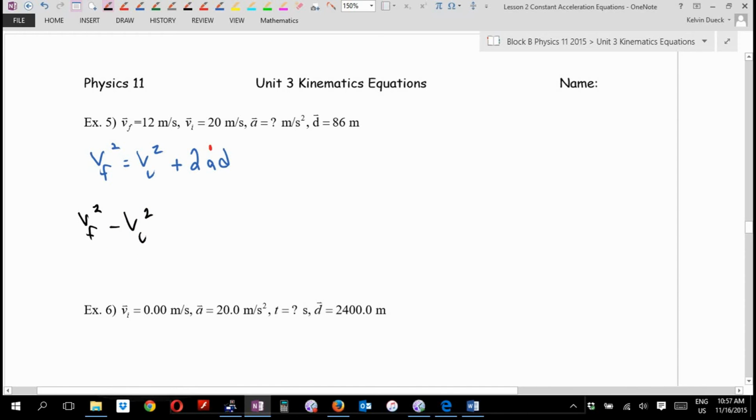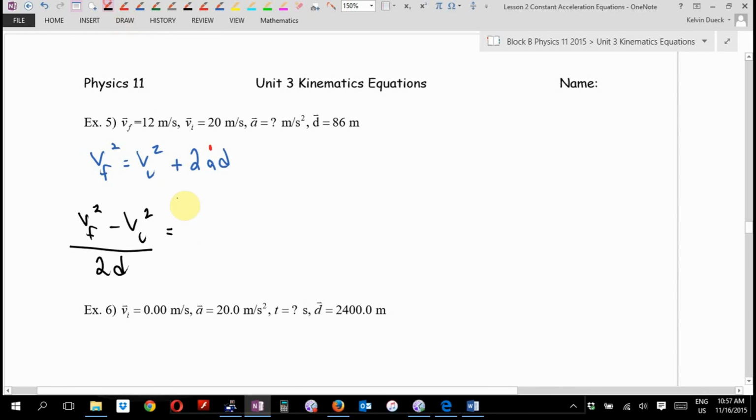And then don't write this next bit down. I want you to just see it in your head, but I'll write it. The 2AD would drop down. But what did you tell me we're trying to get by itself? So I need to get rid of the 2 and the D. What are they doing? Yet another equation. Don't memorize it.